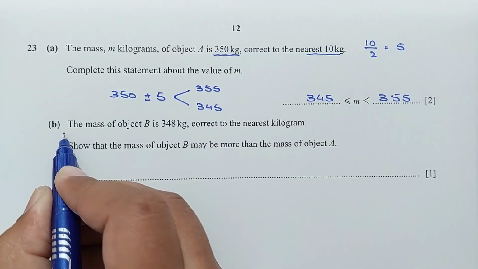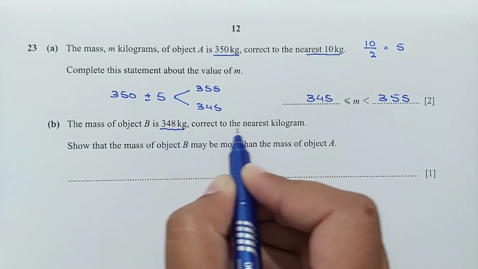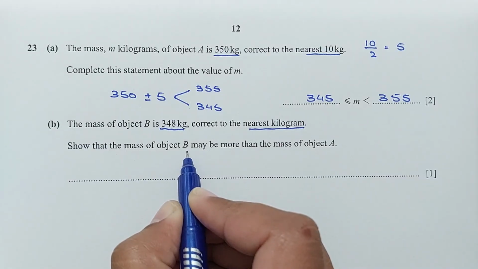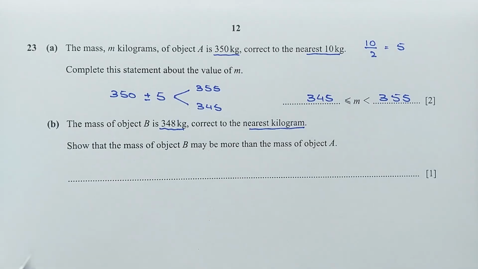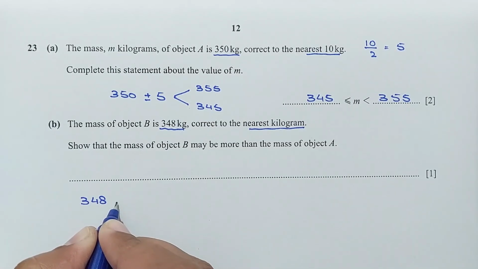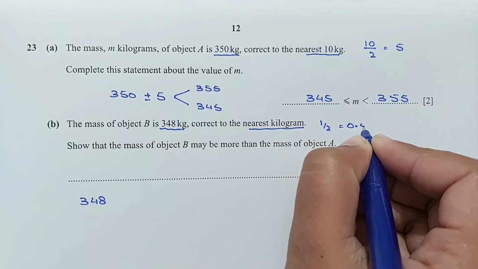Now for part B, the mass of object B is 348 kilograms, correct to the nearest kilogram. Show that the mass of object B may be more than the mass of object A. Okay, so it is 348 kilograms, correct to the nearest 1 kilogram. So we have to take half of 1, which is 0.5, right?